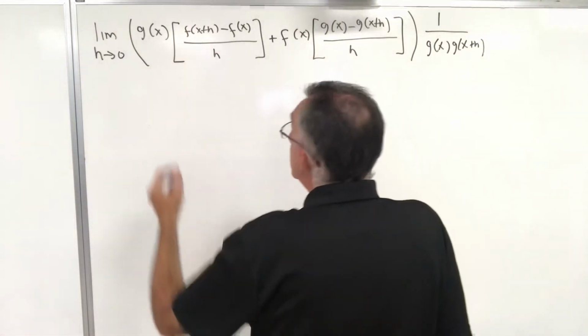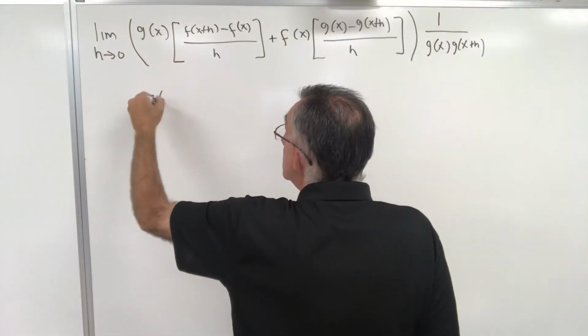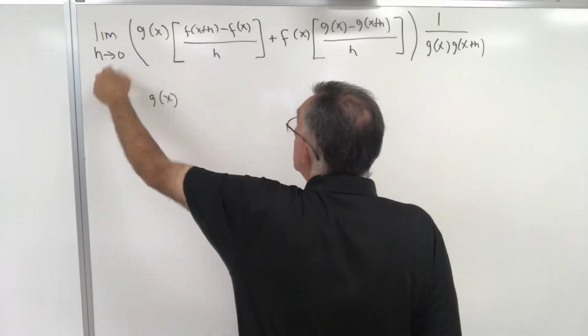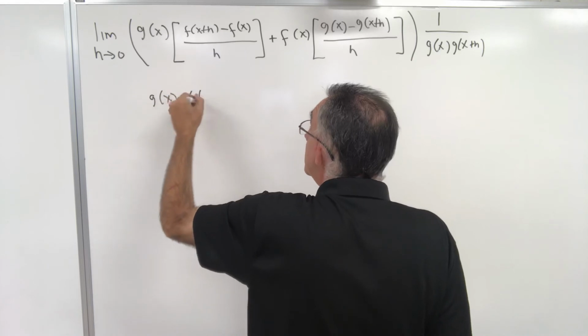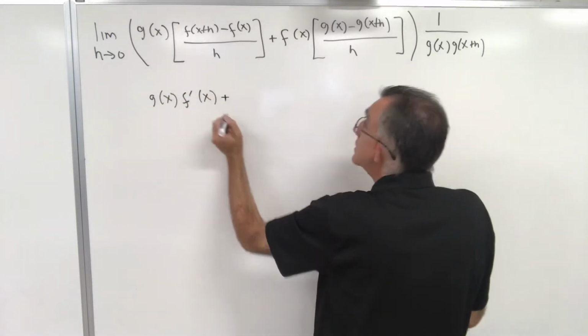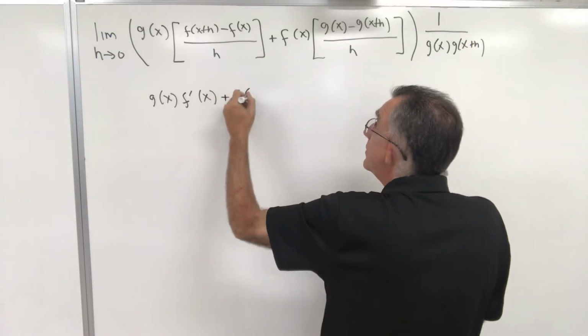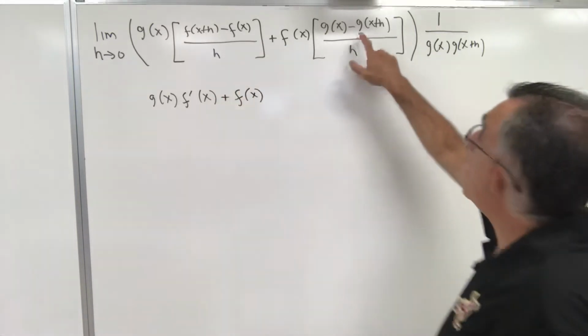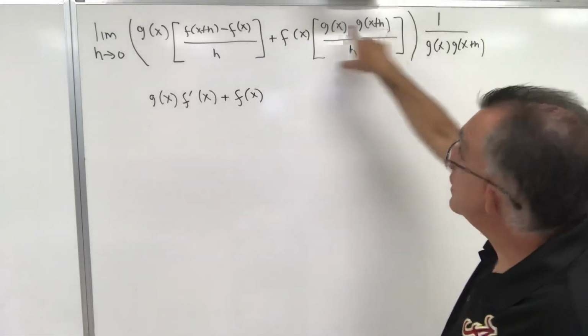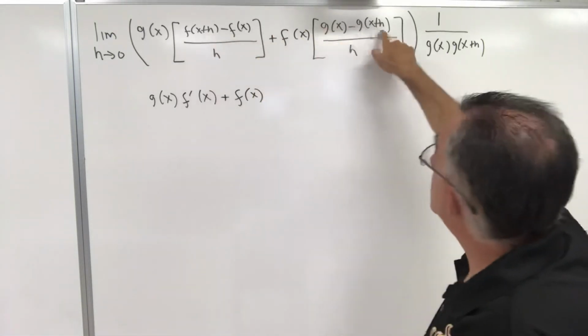Now, here's the thing. g of x, that's the derivative of f. Now this is where it gets a bit funky. Plus f of x. Now this is where we've got to be careful. Hey, that's backwards. It's supposed to be x plus h.